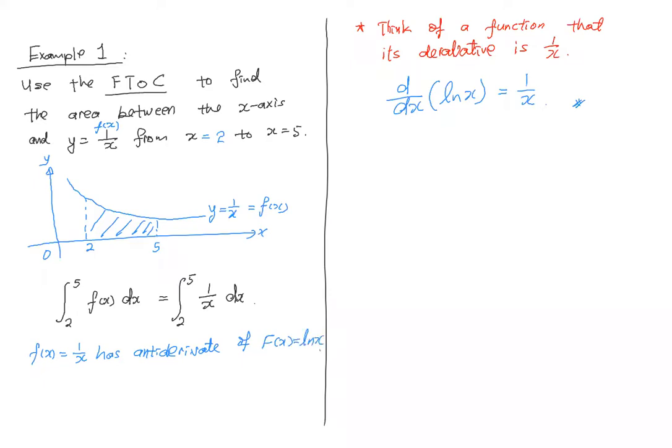Okay, if I don't want to write like that, you also can have a choice to say that f(x) equal to ln x has derivative of, which is equal to 1 over x.